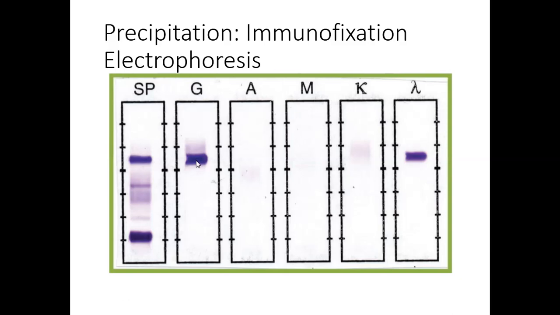And where they meet in kind of a horizontal and vertical double diffused technique, where that combination takes place, that tells us what kind of antigen antibody reaction has taken place.